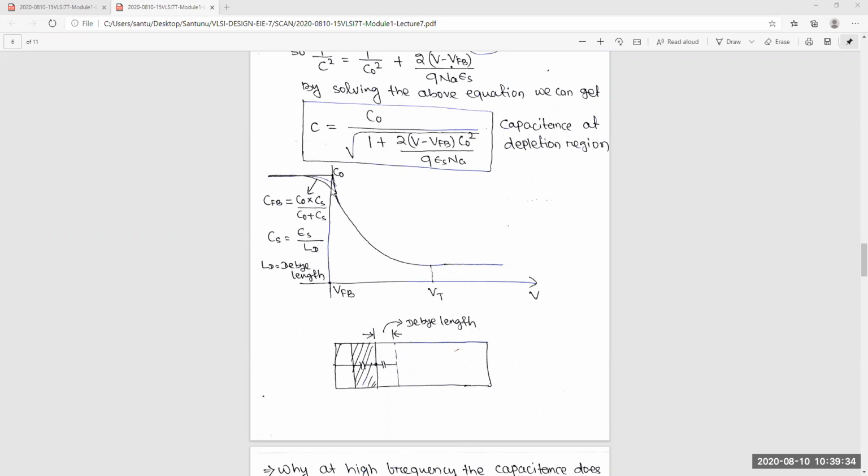The Debye length part you can study from the book. It actually comes in the PN junction case, where you can understand it easily. I'll send some material on what the Debye length is and how to understand it. But here, remember that due to some non-idealities, some charges are still there, and due to that these things happen.